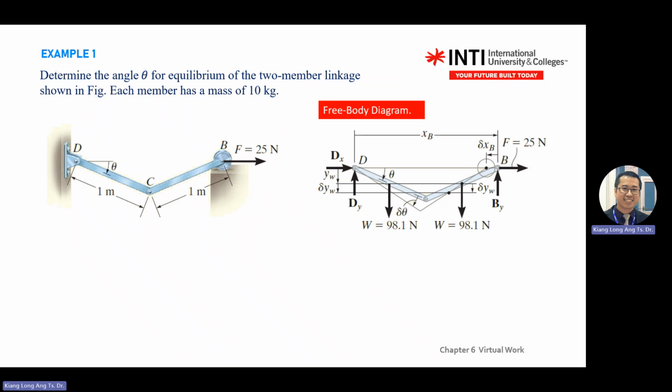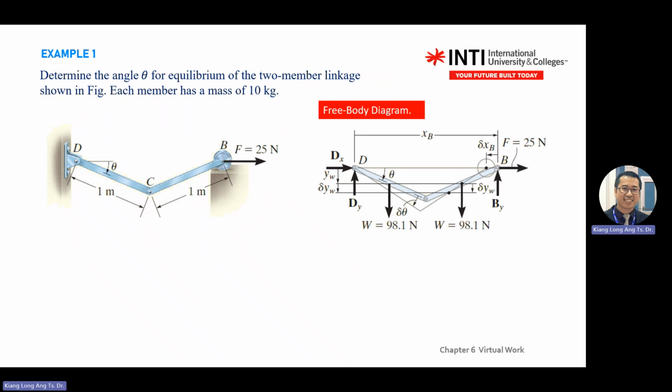Same with this one. At B there is an external force of 25 Newton. However, don't forget this object has a contact surface between the roller and the table, so there's a normal force there. So we put By as a contact force.